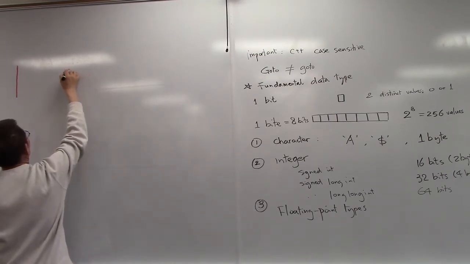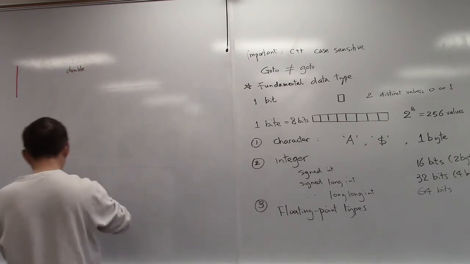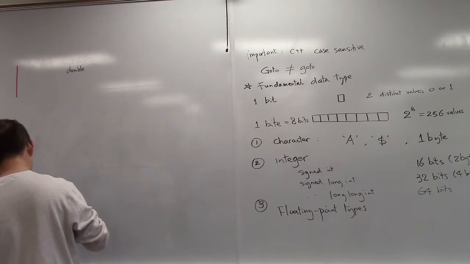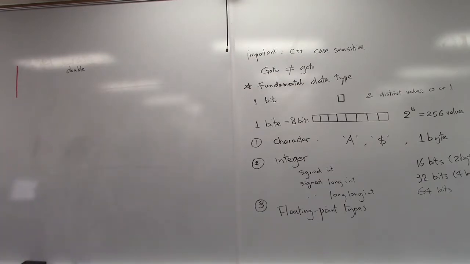First one is double. If you declare a variable as double, it... Why is this not listed here?